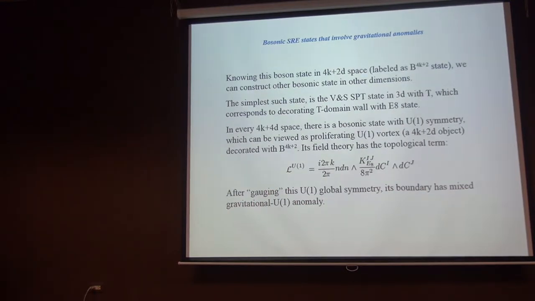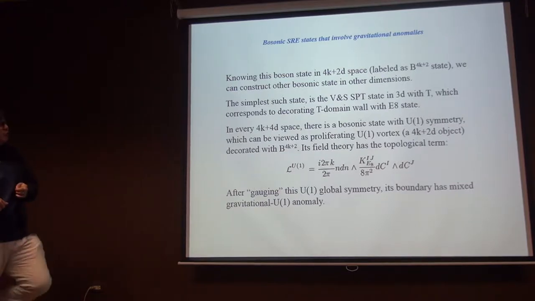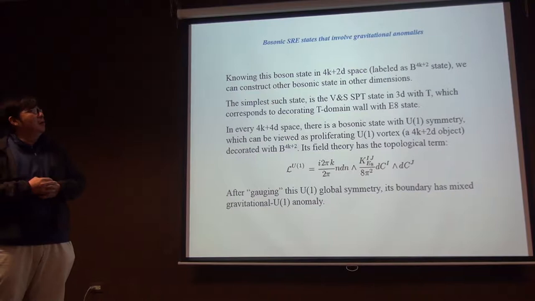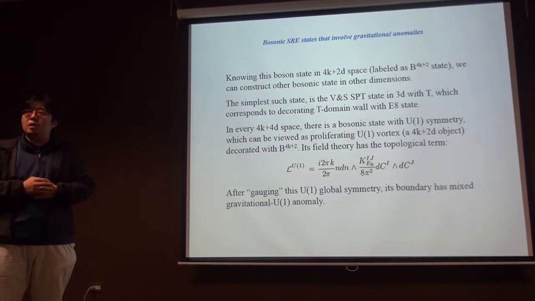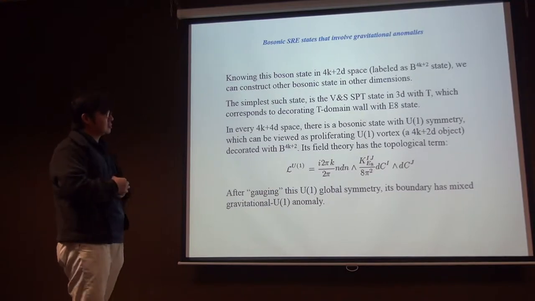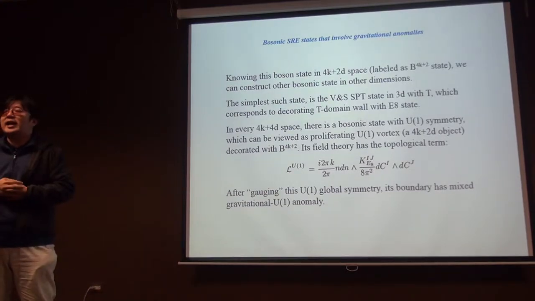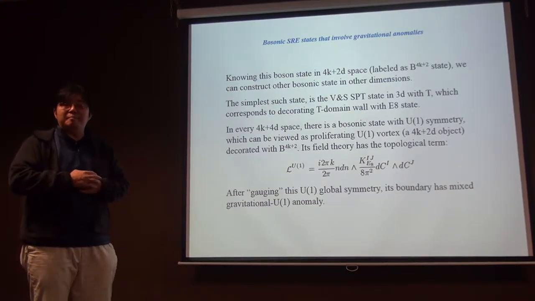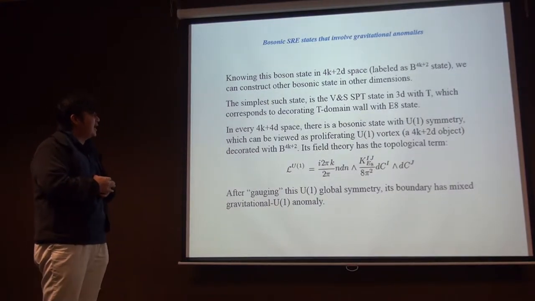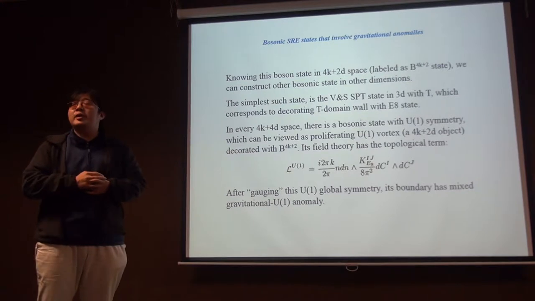Now we know that in every 4K + 2 dimensional space, we have a boson state beyond group cohomology, and I label the state as BE 4K + 2. Knowing this state, we can use it as a base state to construct other SPT states in other dimensions.